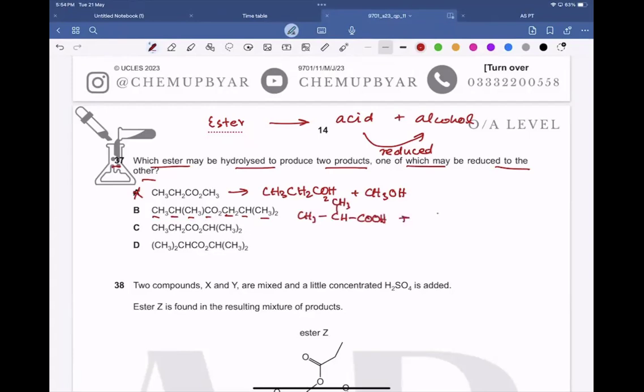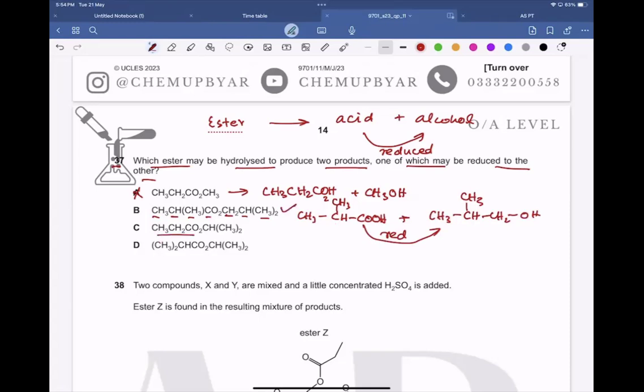And the alcohol is also CH3CH(CH3)CH2OH. So if you reduce it, that carboxylic acid is going to turn into the same alcohol. So that can be an answer.